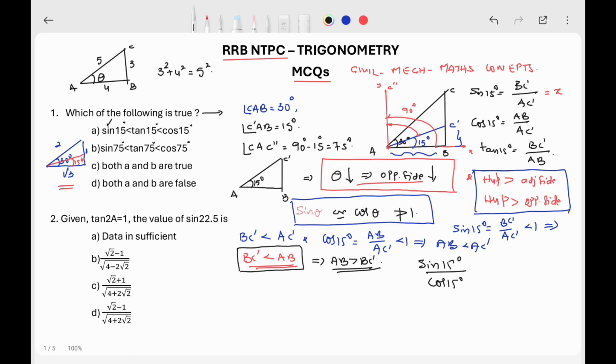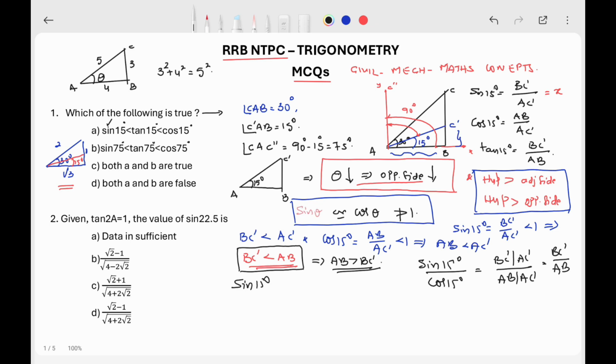BC dash by AC dash by AB by AC dash, AC dash will go away, BC dash by AB. But AB is greater than BC dash. That means sin 15 by cos 15 is less than 1.